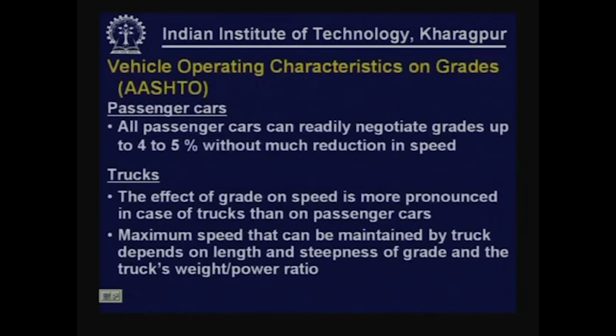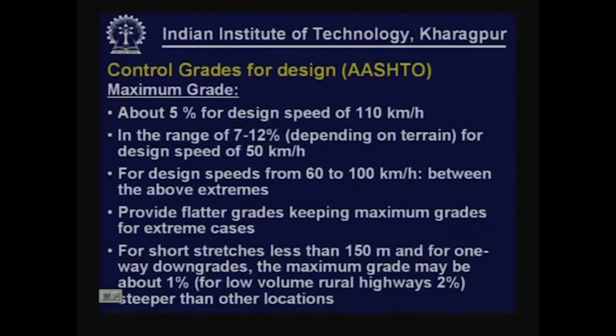So, based on the vehicle operating characteristics, the control grades for design are recommended. There are two types of limit: one is the maximum value, the other is the minimum value. Now, for the maximum grades, let us have a look at certain salient points.